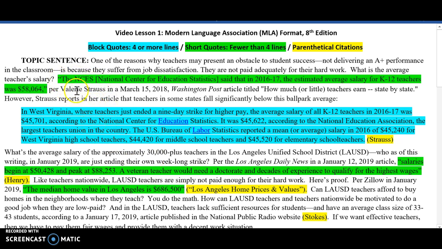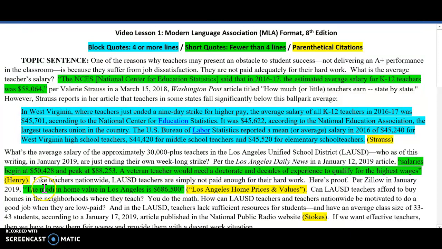However, when we quote short quotes, the difference between short quotes and block quotes is short quotes are integrated into our text. They're not separated from it. When we have short quotes, if a quote ends in a period, we put it after the citation right here, and we do not put it here. And why is that? That's simply a rule. Don't overthink it, just observe it.